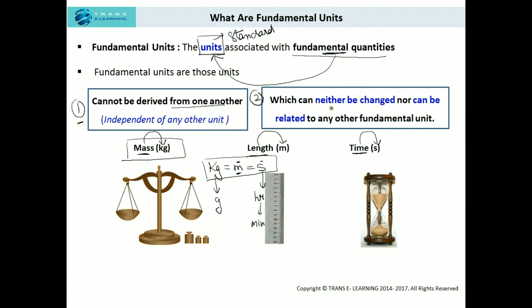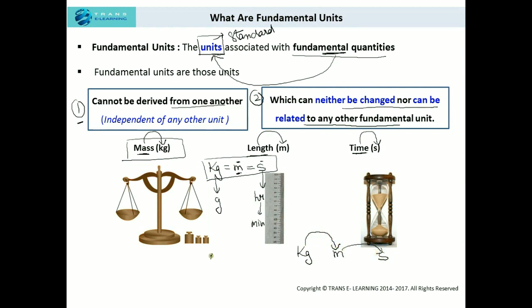Second point, which can neither be changed nor can be related to any other fundamental units. Here we are talking about three fundamental units, that is kg, meter and second. I cannot change kg to meter, or I cannot change meter to second.